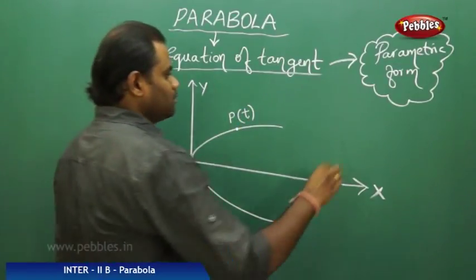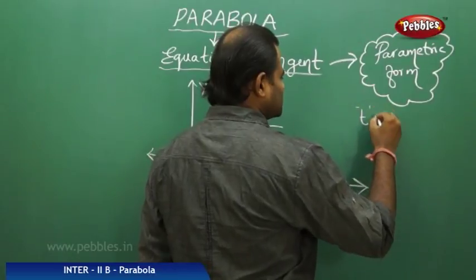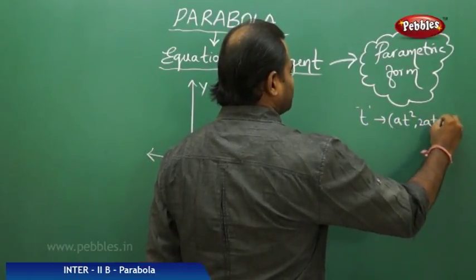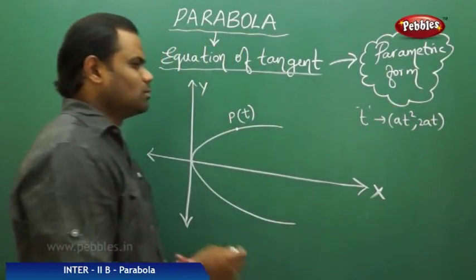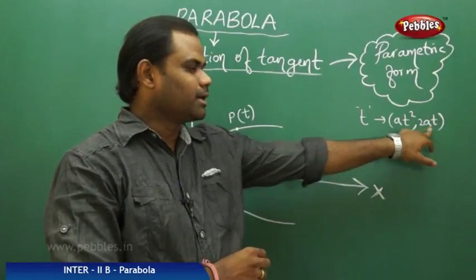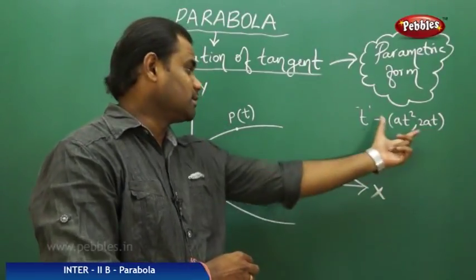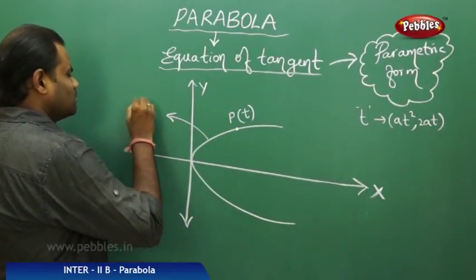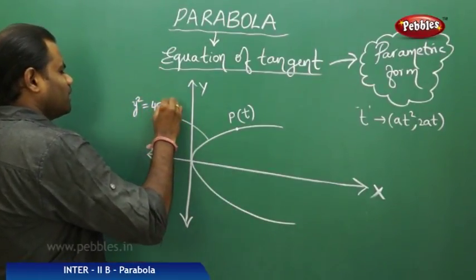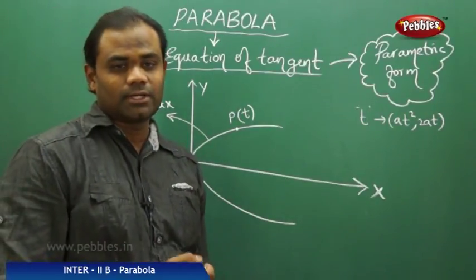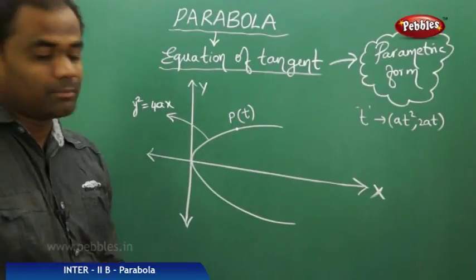Now here the parametric point t is referred with at square and 2at. So the parametric point t indicates the coordinates are at square and 2at, as we all know, which satisfies the parabola y square equals 4ax. So with this parametric point, let's see what is the equation of tangent at this parametric point.